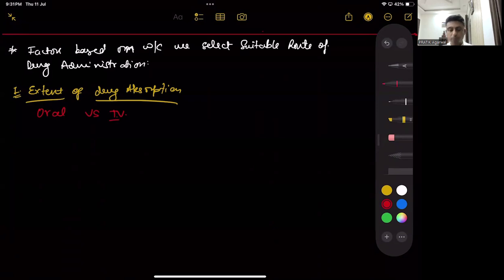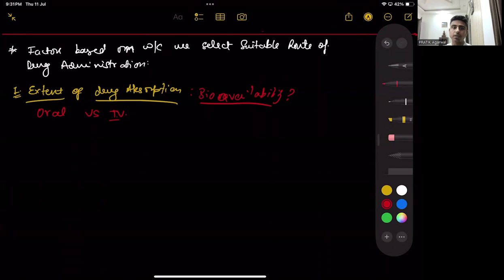What do we mean by extent of drug absorption? We mean bioavailability, that is, how much of the drug is at the end available for absorption. In the case of oral, because of a lot of disintegration and dissolution, the drug is not fully available to the body.